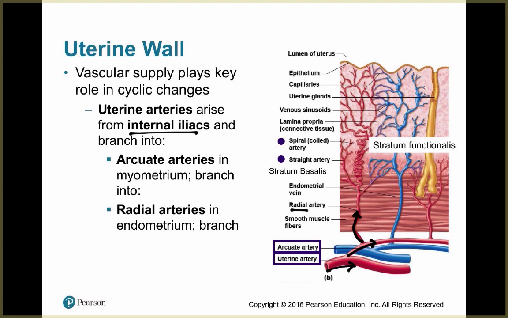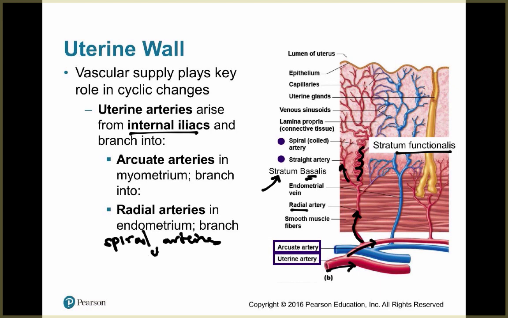Now, the radial artery will branch further. You'll see it branches into the straight and the spiral arteries. Now, the spiral arteries are important because they're located, if you look, we are in the functionalis here, where the straight arteries are in the basalis. So these are going to help with providing nutrients for those cells that will later make the stratum functionalis.